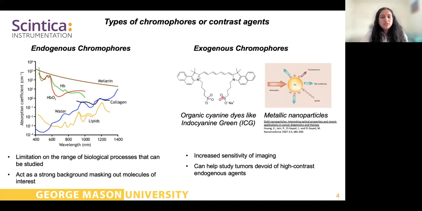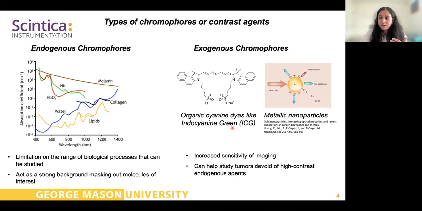There are also exogenous chromophores, in terms of different types of cyanine dyes, like indocyanine green, which is already an FDA-approved dye, and metallic nanoparticles, and there is a plethora of contrast agents now being developed for photoacoustic imaging.